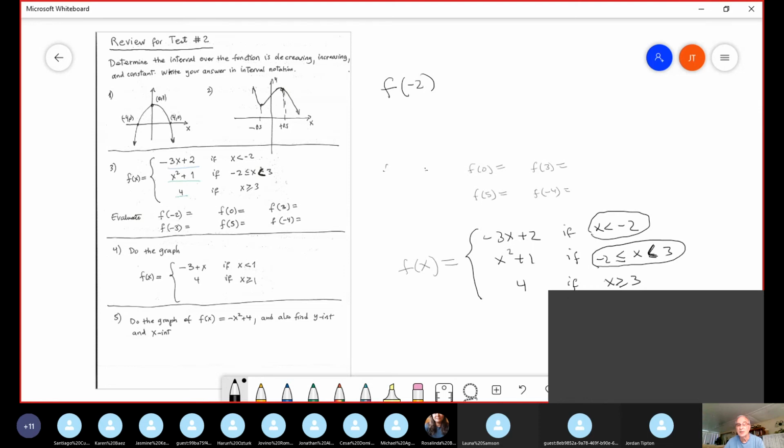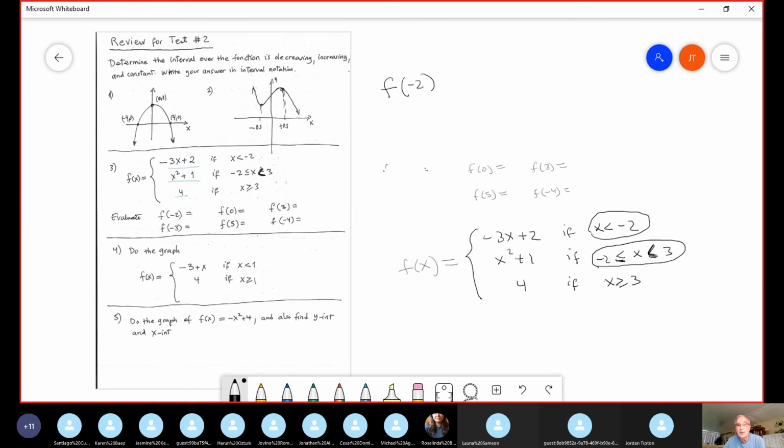Equal sign. Okay, look. One fantastic way to prove this is the clue: this symbol indicates equal. Now, negative 2 belongs to this interval. Therefore, you select this function, x squared plus 1, and you evaluate.